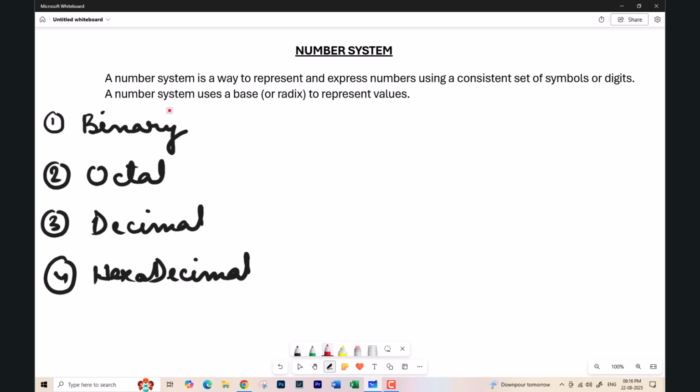Now, as we know that mono means 1 and bi means 2, so it has numbers 0 and 1. So its base is 2 because it has two numbers.